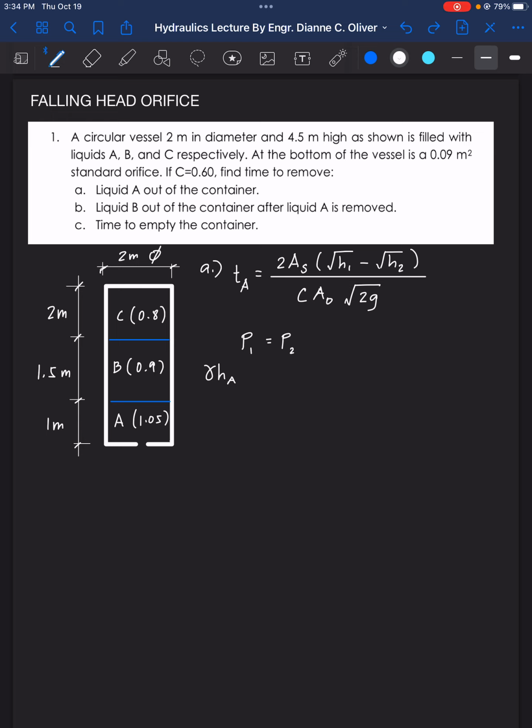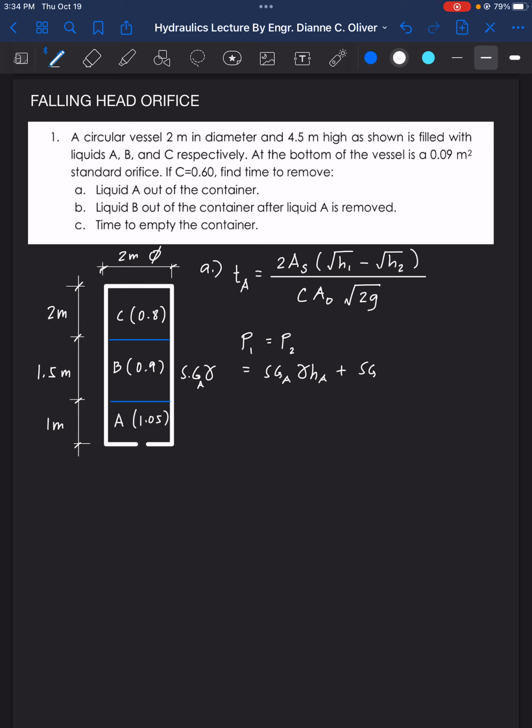Since they have different specific gravities, we have specific gravity of A, gamma, HA, plus specific gravity of B, gamma of water, HB, plus specific gravity of C, gamma of water, HC.